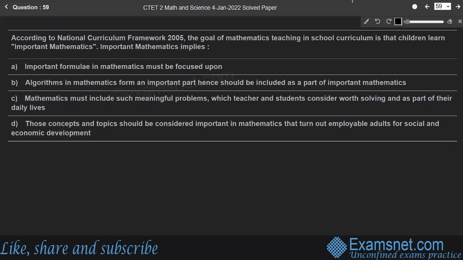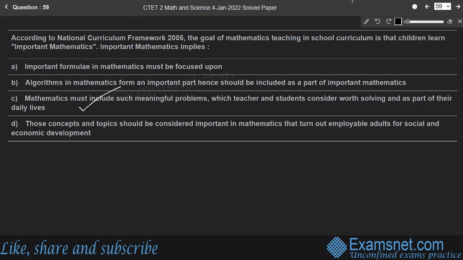Mathematics must include such meaningful problems which teacher and students consider worth solving and as part of their daily lives. Those concepts and topics should be considered important in mathematics that turn out enjoyable adults for social and economic development. The correct answer is mathematics must include such meaningful problems which teacher and students consider worth solving and as part of their daily lives.